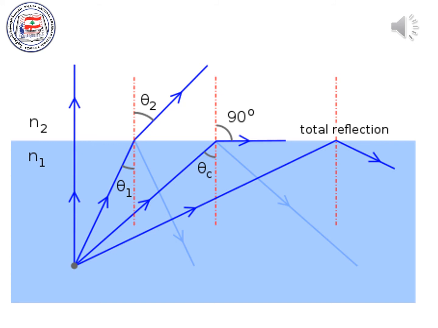If light hits the boundary at the critical angle, the light continues parallel to the boundary. Finally, if light hits the boundary at an angle greater than the critical angle, the light totally reflects, so it doesn't pass to the other medium. It remains in the more dense medium.